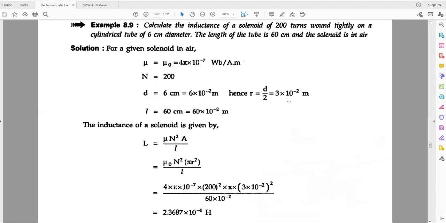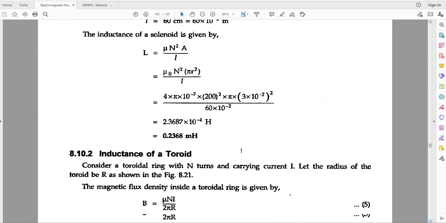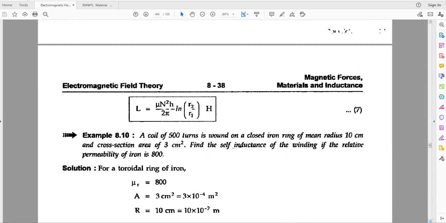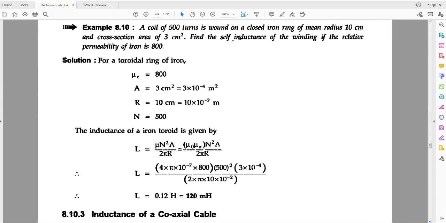And the next example is a coil of 500 turns is wound on a closed iron ring of mean radius 10 centimeters and cross-sectional area of 3 centimeters square. Find the self-inductance of the winding if the relative permeability of iron is 800.